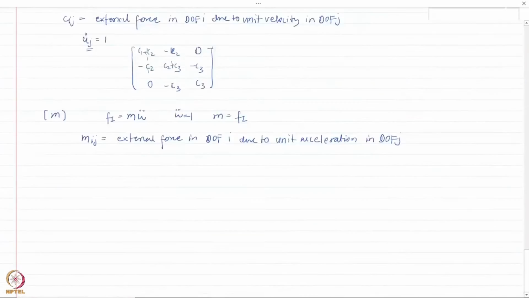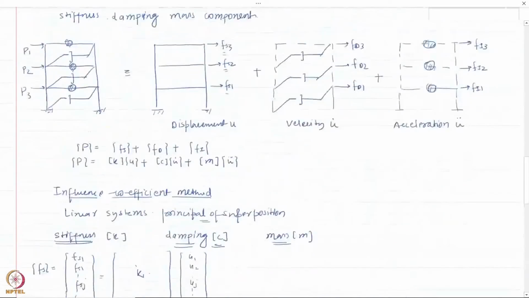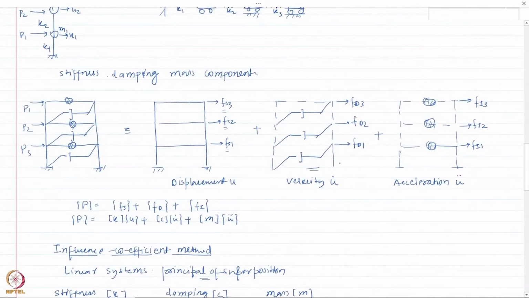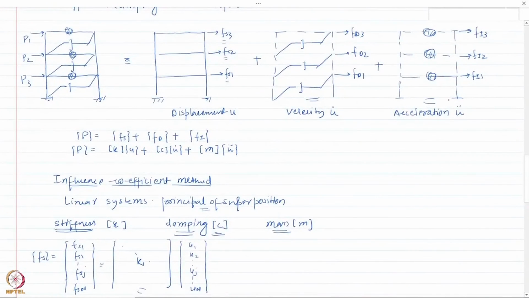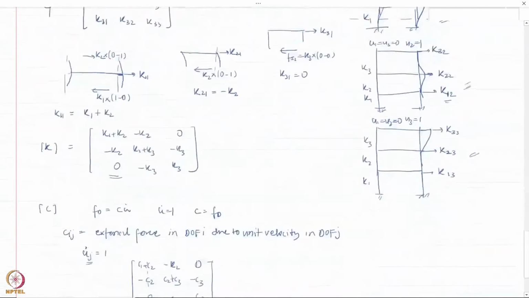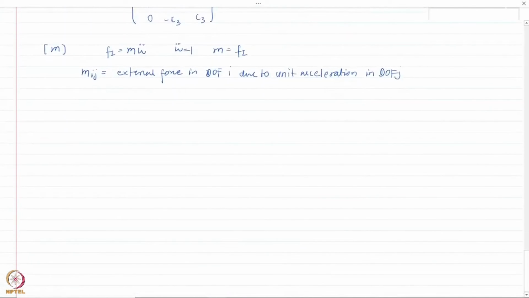Now for our case it is very simple, because if you consider the acceleration representation here, I only have mass, right? And if it's a lumped mass system, let me just draw it here. Remember, there is no damper here, there is no frame here, only these masses are here.